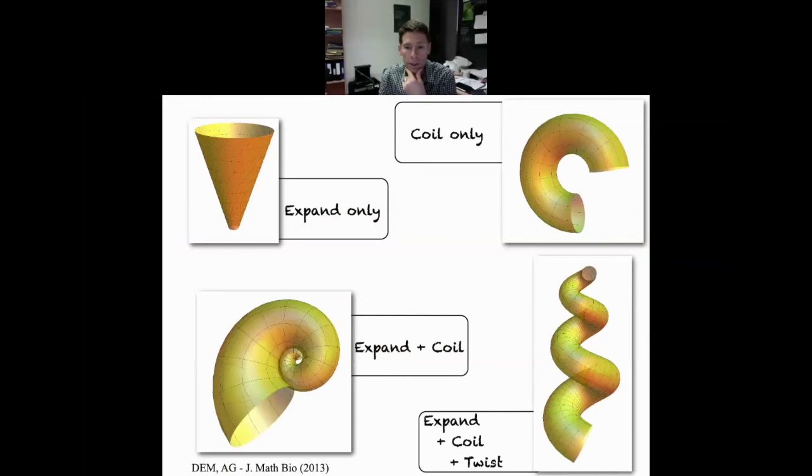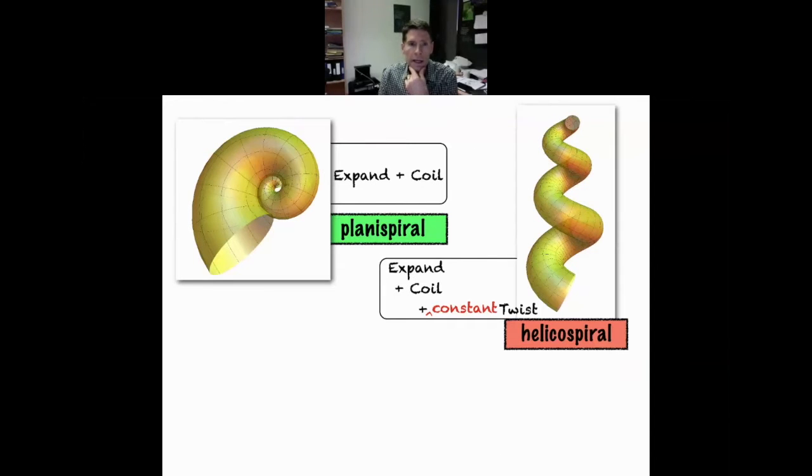And first of all, we can make some progress by returning to our geometry and realizing that in going from this planar one to this non-planar one, I had two ingredients in the planar ammonite, expand and coil. And I said if I had a twist, then I get this. But that was the key there, that it was a constant twist.